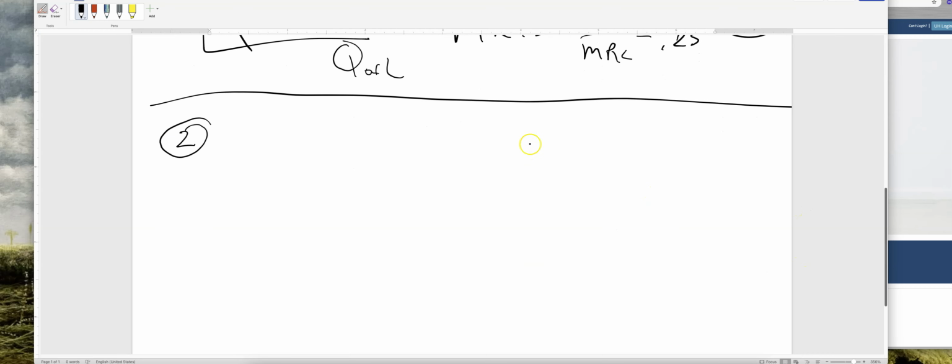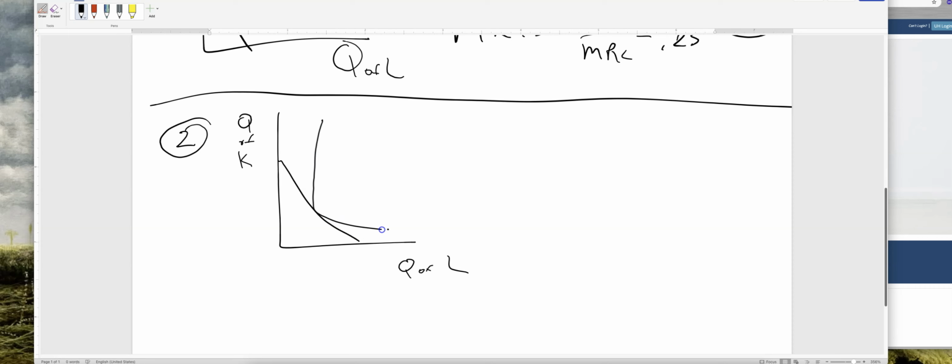So again, we'd have something like this: quantity of labor, quantity of capital. The typical optimal solution would look something like that. And again, we were told that the labor costs are falling by 50%.